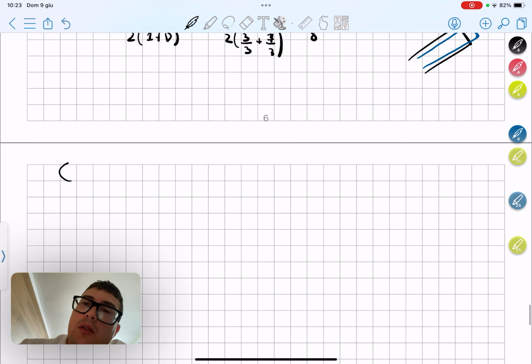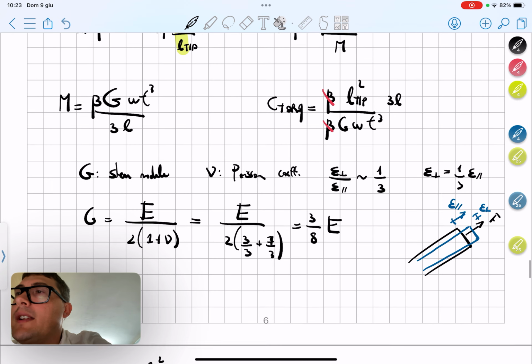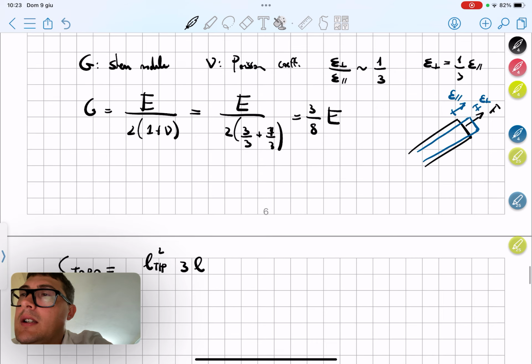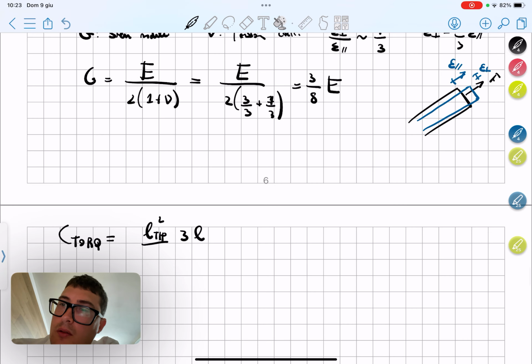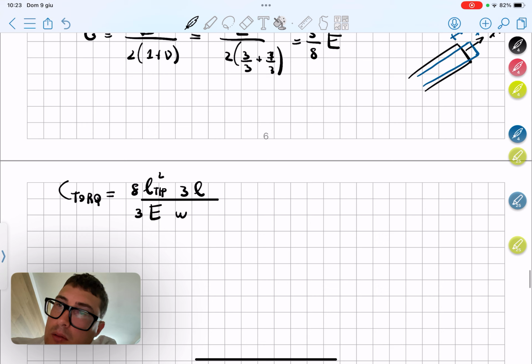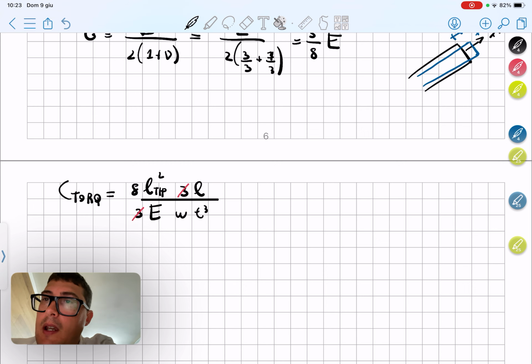So C torque is equal to L of the tip squared, 3L, G, but G we said is 3/8 E, omega t to the cube. Okay, I can simplify this 3 and I get 8 L of the tip squared L divided by E omega t to the cube.